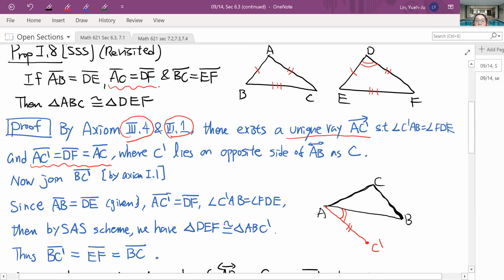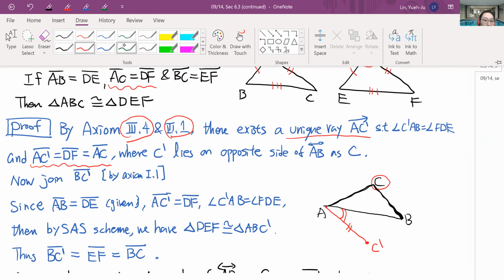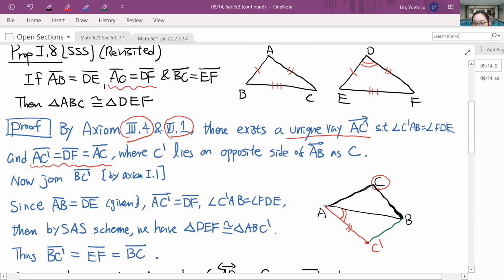We choose C prime to be on the opposite side of AB from C. So C is on one side of AB and C prime is on the other side. Now we can join BC prime by one of the axioms.